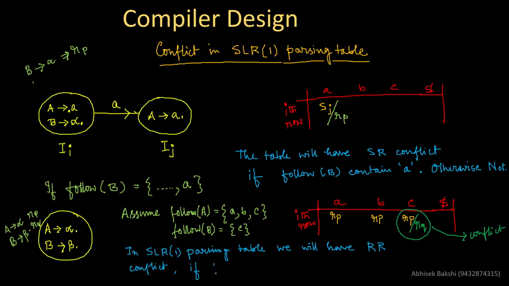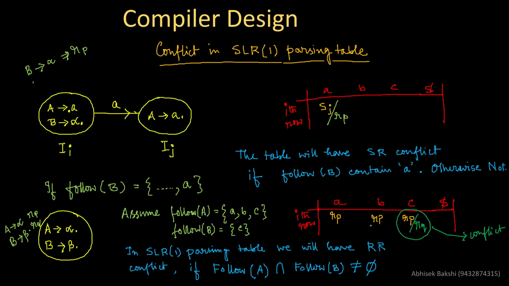If follow of A intersection follow of B is not equal to phi. You see, if you take the intersection between this set ABC, AC and this set, it's not phi. I have a common element C. But if you find that it is phi, that means wherever I put a reduce for P, I will not put a reduce for Q in that particular column, I will put them in another column. So definitely there is no way to have any conflict.